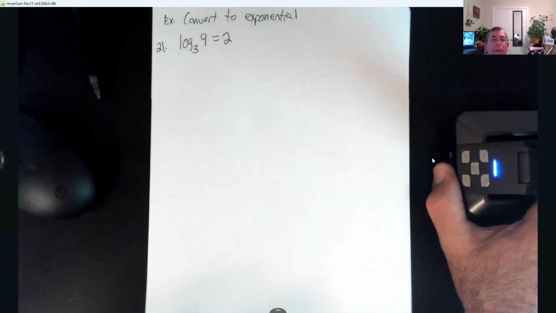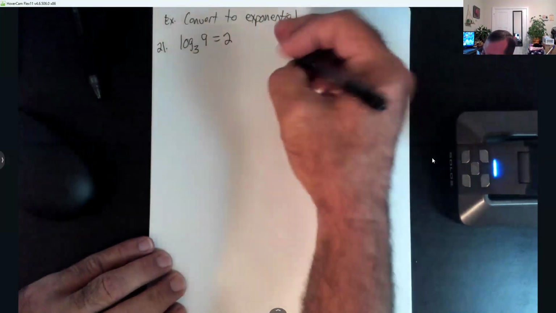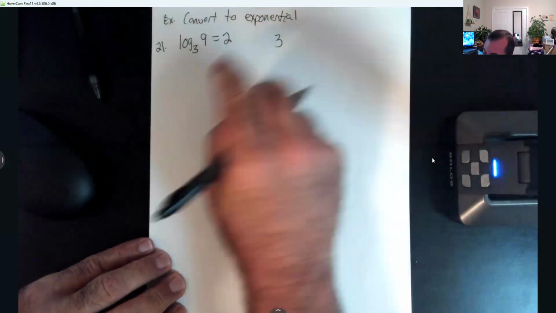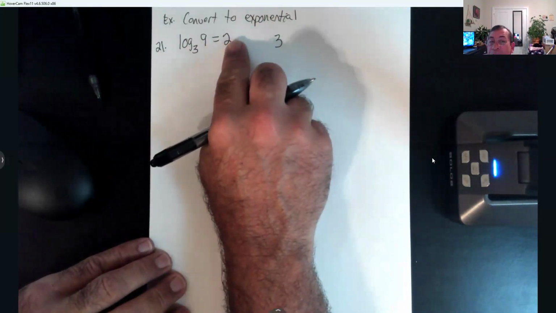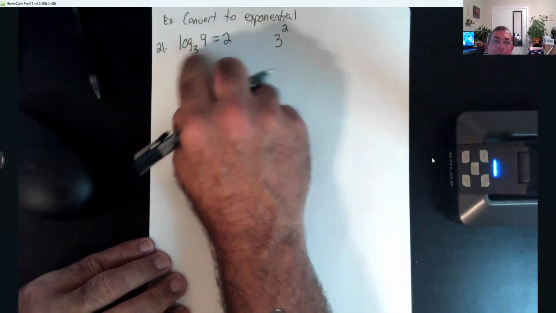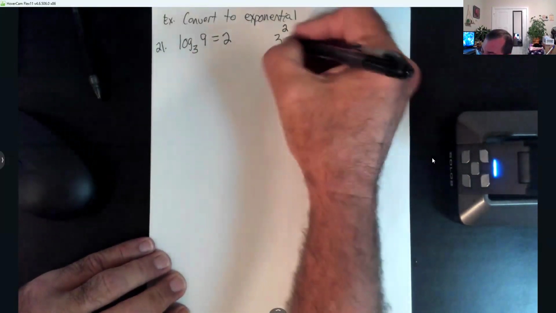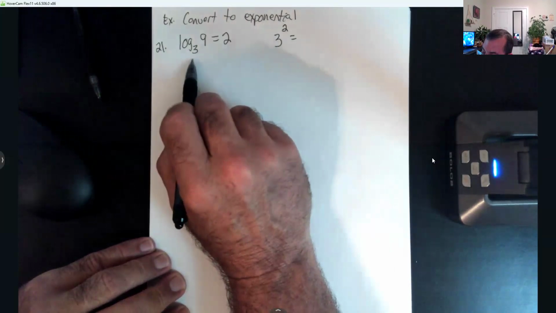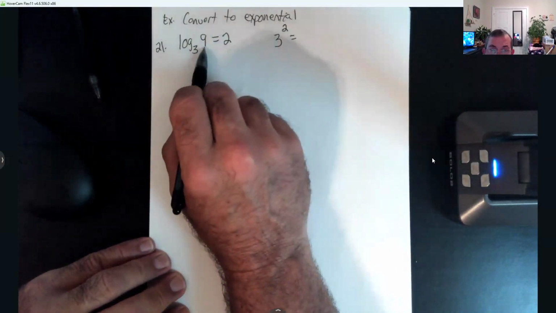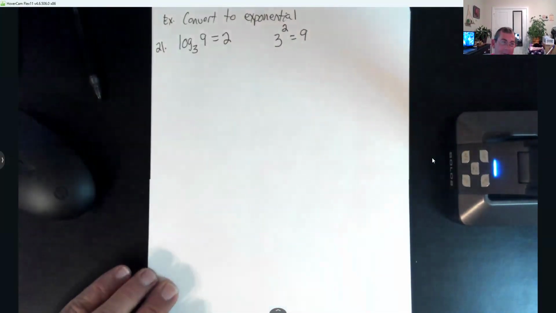So exponential, you take the base, which is 3, the exponent, which is the 2. So you just got to remember, in logarithmic form, that's the base, exponent, result. And guess what? 3 squared equals that result of a 9, okay?